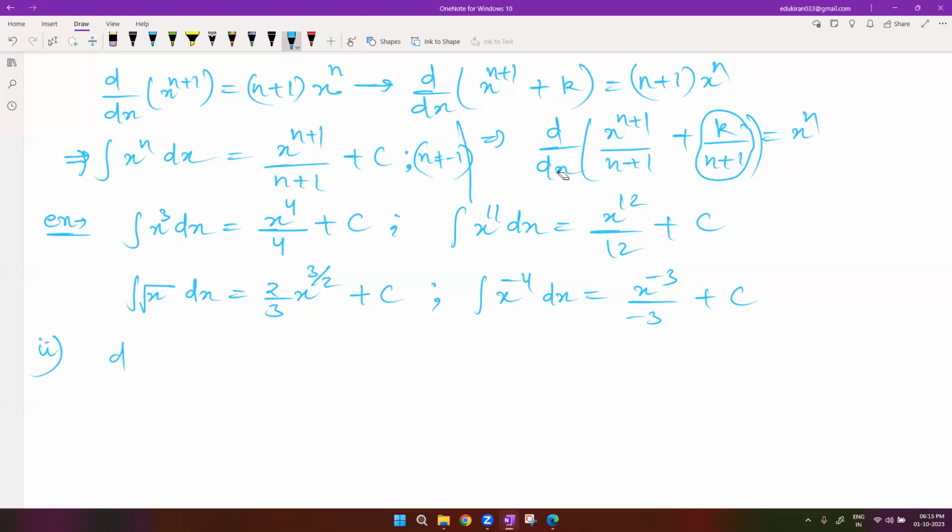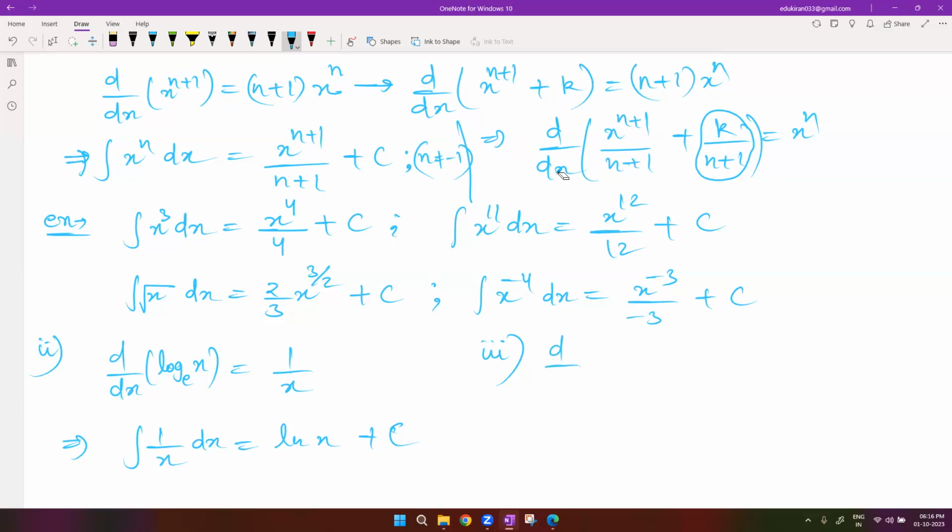The differentiation of ln x was 1 by x, which means the integration of 1 by x would be ln x plus c. Because there was a formula already, that is why we will use that formula. Correct?